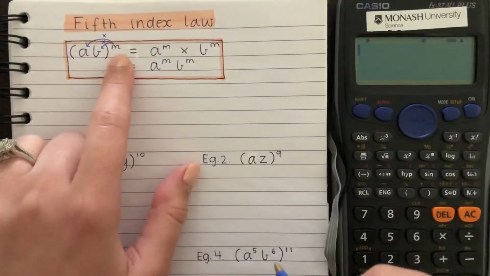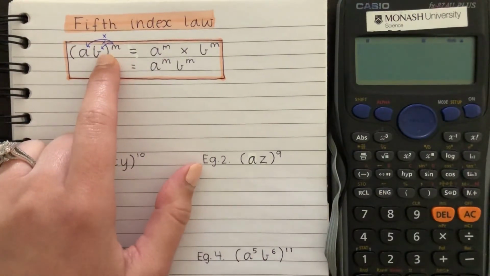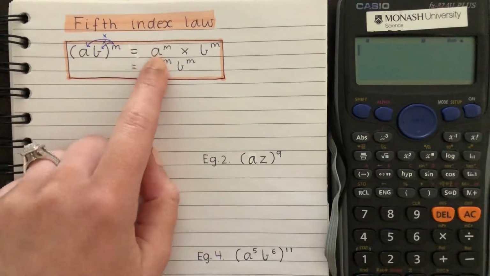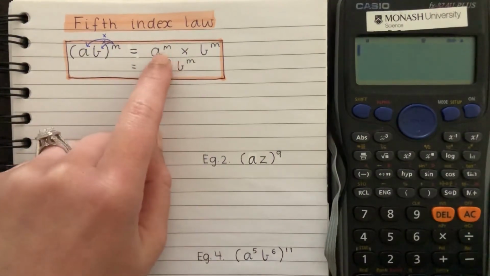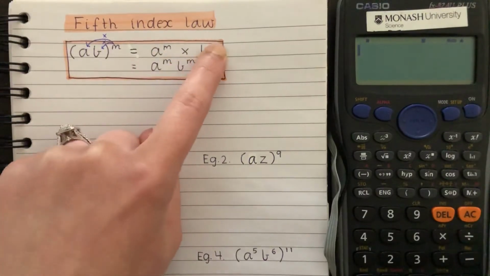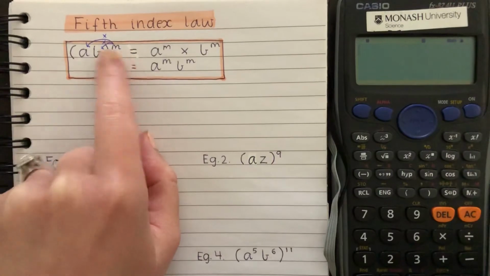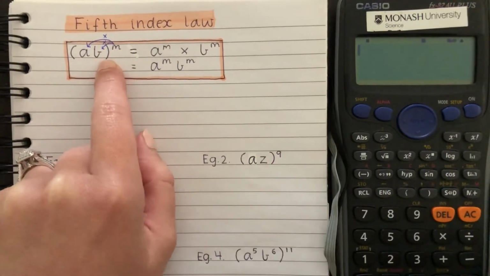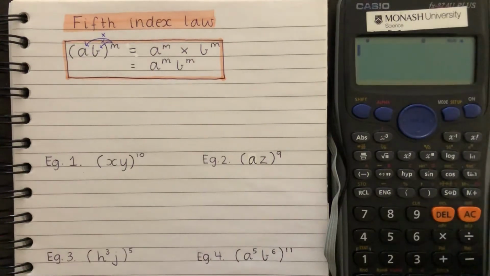And the M is going to the top of the B, and that is also being multiplied. So this power out here, you can see, has been multiplied to the A, to its power, and same to the B. So you're placing the M on top of the A and on top of the B, if you want to understand it in simple terms.